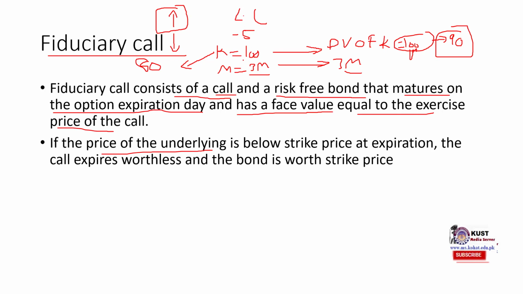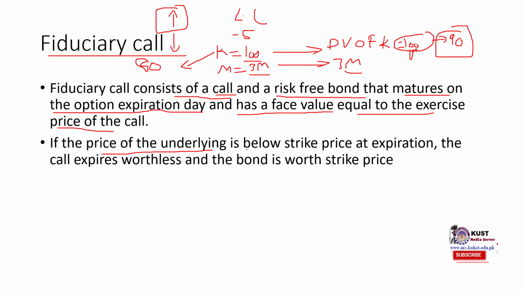Long call is the right to buy. You are not going to buy from the party with whom you agreed to buy at 100. You are going to buy from the open market, and this option would expire. It would not be exercised.